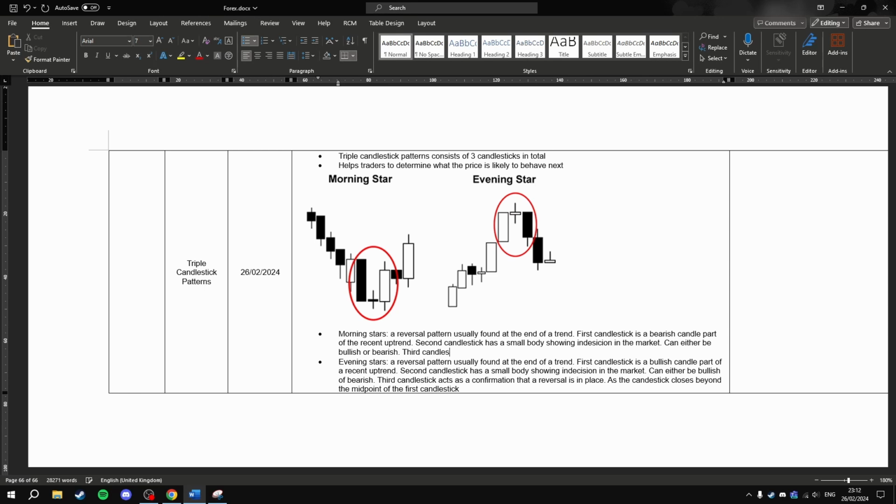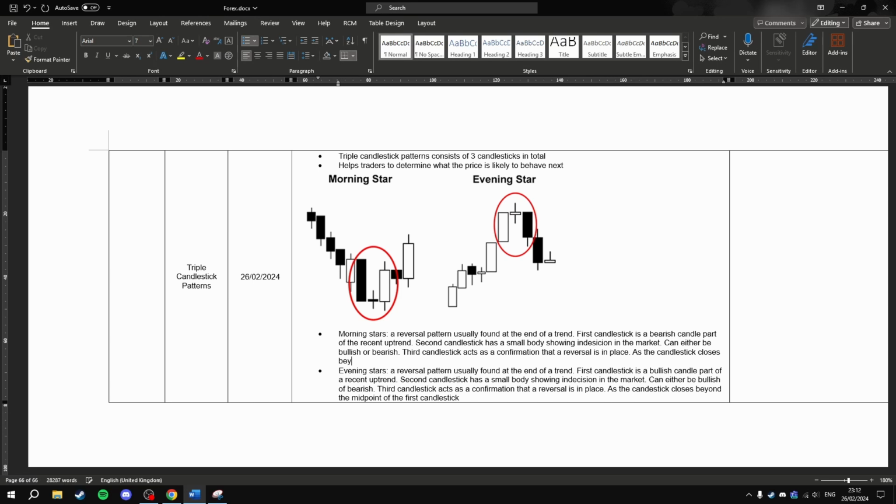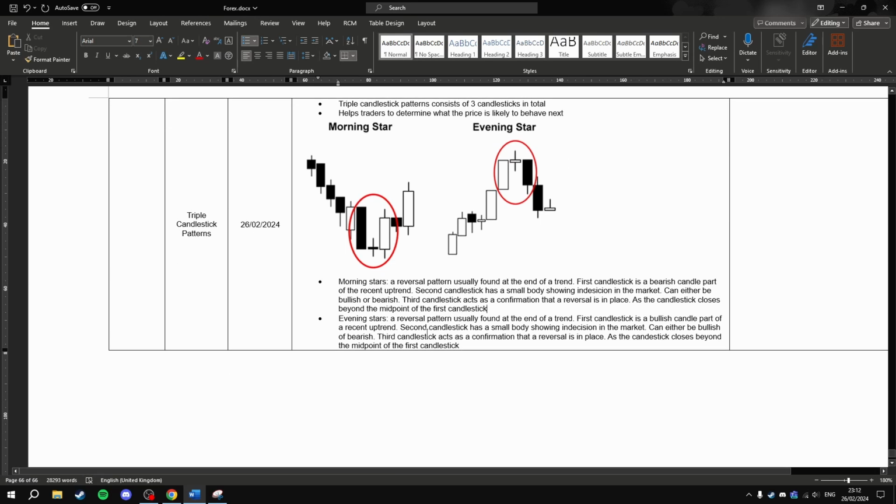The third candlestick acts as a confirmation that a reversal is in place, as the candlestick closes beyond the midpoint of the first candlestick. Cool.